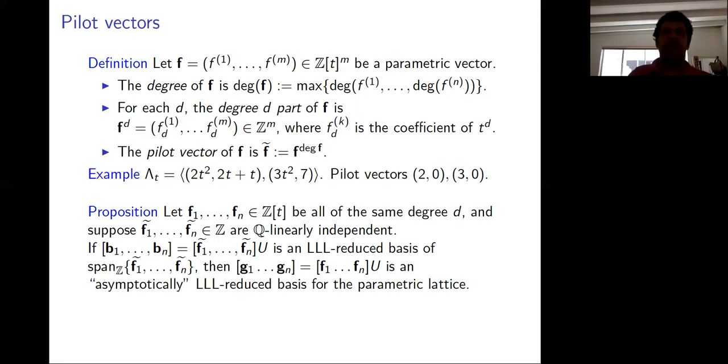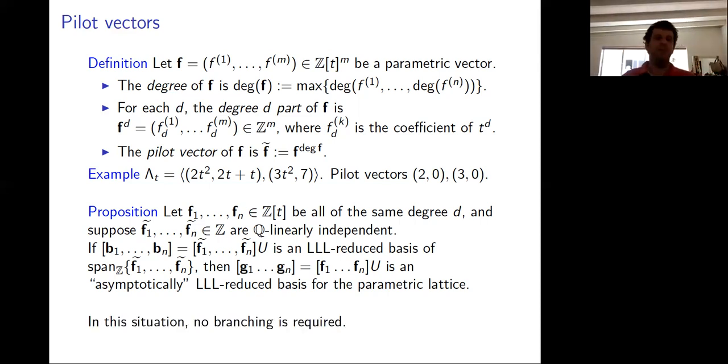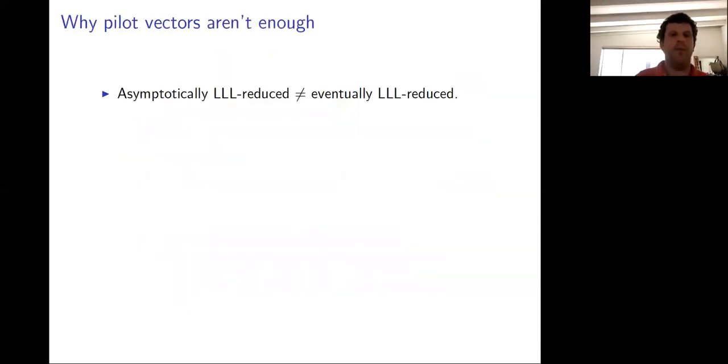But this is maybe the most important idea in the proof. What's even better here, we're only doing LLL with ordinary vectors, so there's no branching. We're not creating quasi-polynomials or anything. But there are these issues. First of all, we don't literally get what we want. We get something a little weaker than eventually LLL reduced.